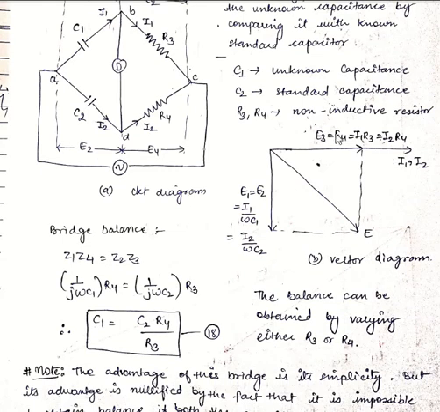Coming to the vector diagram, here I1 is the reference. E3 is equal to E4, that is equal to I1 R3 and equal to I2 R4. 90 degrees apart we have E1 equal to E2, equal to I1 divided by omega C1, equal to I2 divided by omega C2.